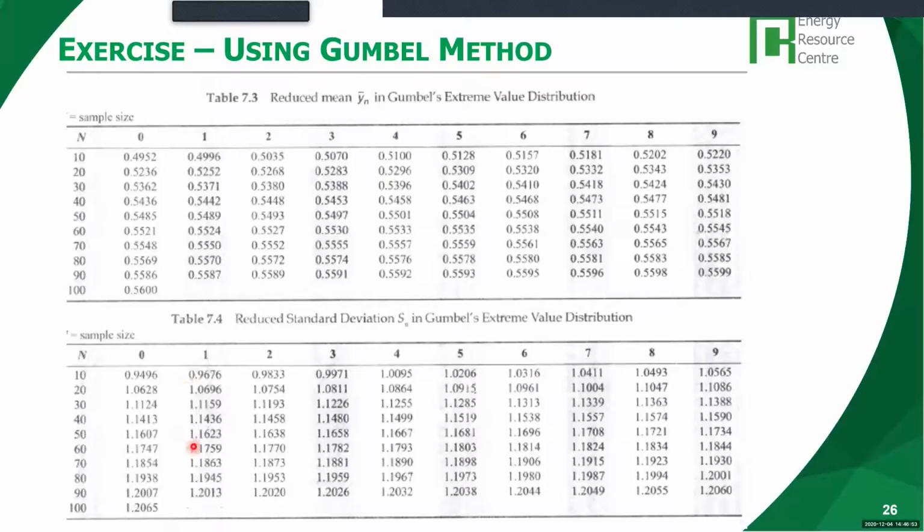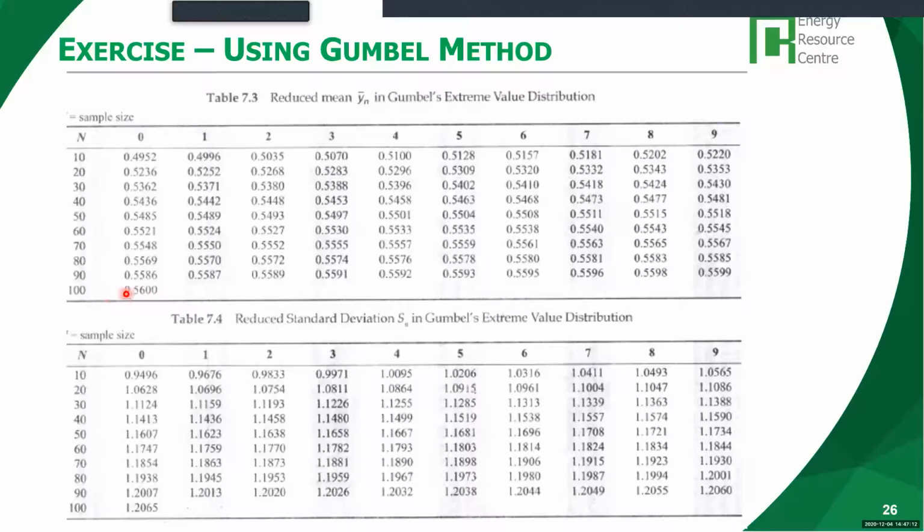If you have 31 years of data, then we use the value 1.1159 for SN and 0.5371 for YN. So this is 10, 11, 12, this way it is given. This is 19.